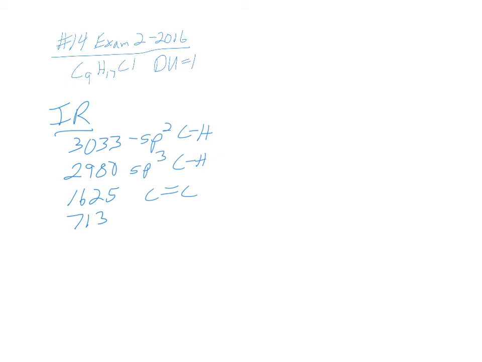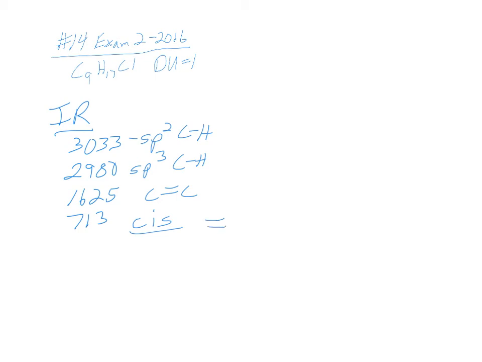Then 713 is that special region, and that should tell you a cis disubstituted alkene. A cis alkene. That's what that should be telling you. A cis alkene. So that tells us a lot, right?